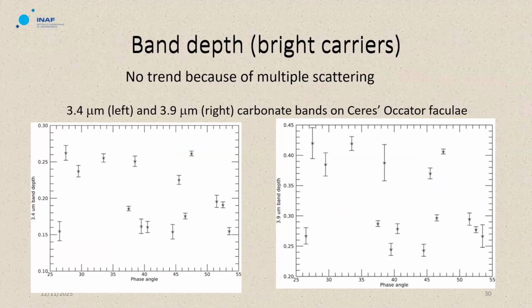In this case there is a larger abundance of carbonates, and in the other case a smaller abundance of carbonates, so we are able to see the trend of this band and also infer this kind of information. This is just a little bright material, and the brightness is due to the abundance of carbonates, and in Occator there is a larger abundance of carbonates.